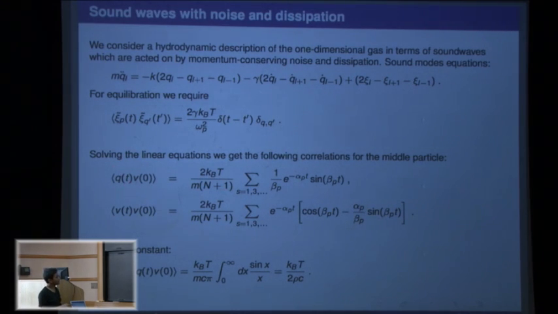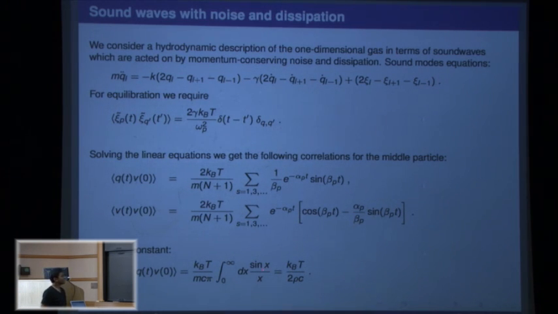This is what we get for the diffusion constant and the velocity autocorrelation function. If I take the system size to the infinite limit, this can be evaluated and you get k_B T by 2 rho c, which is the diffusion constant that I said works in all cases.